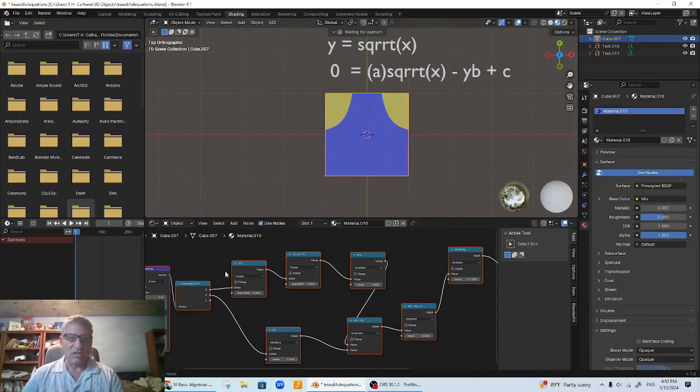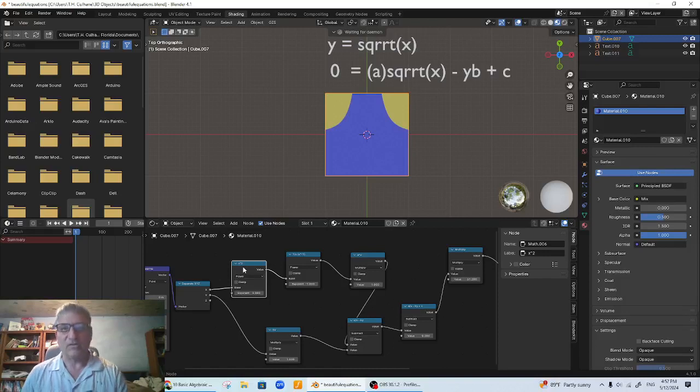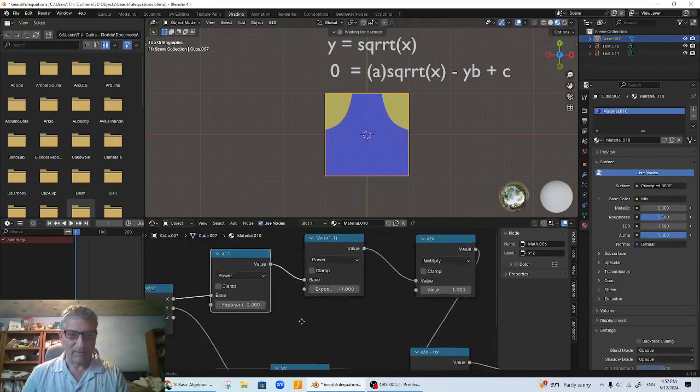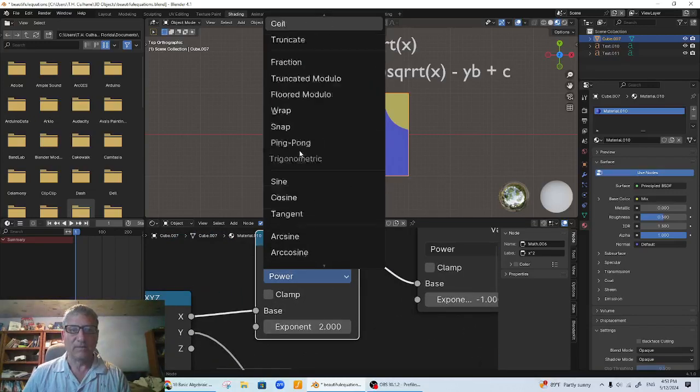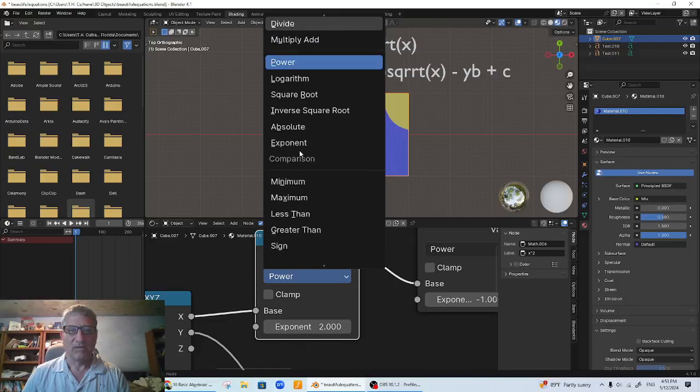So let's see, what are we doing here? This one here is going to be square root, not square. So let's change this power to a square root.